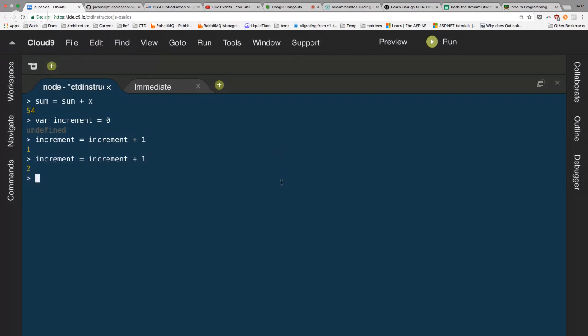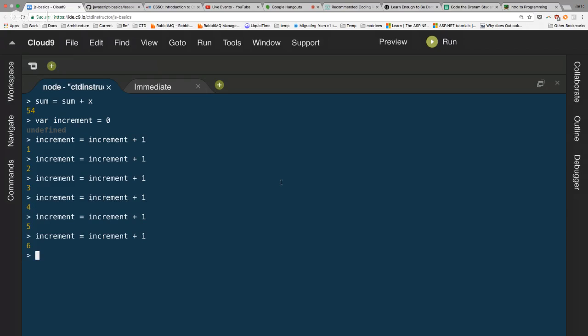And we can rerun that. And each time it'll read the current value of the increment variable, add 1 to it, and store it back in itself. Does that make sense? Are we good on that?